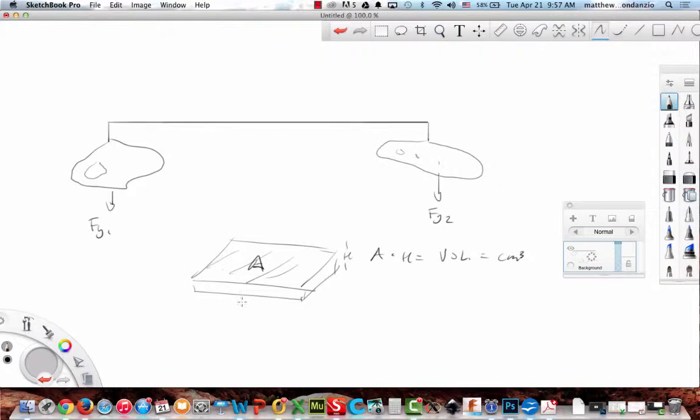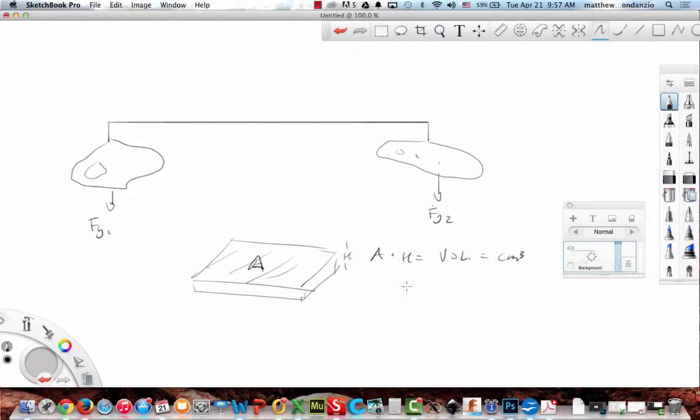I know the area, length times width, but because this shape is not a rectangle, SolidWorks will calculate the area for you in square centimeters. Then you multiply it by the thickness to give you the volume.